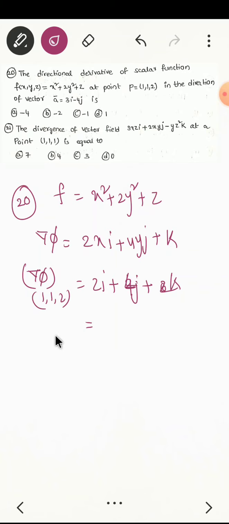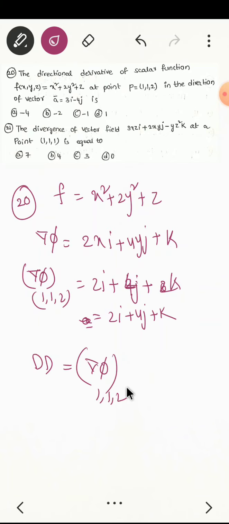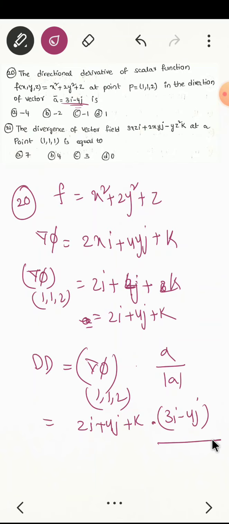Then the directional derivative, how will you find it? Directional derivative is equal to del phi at 1 comma 1 comma 2 dot a by mod a. So del phi is 2i plus 4j plus k. In the direction of which vector? 3i minus 4j. So 3i minus 4j divided by what?